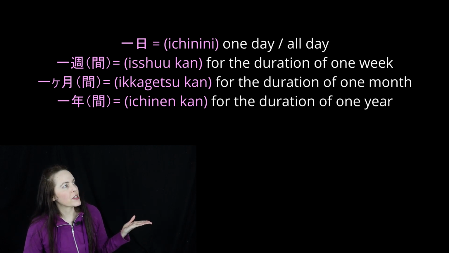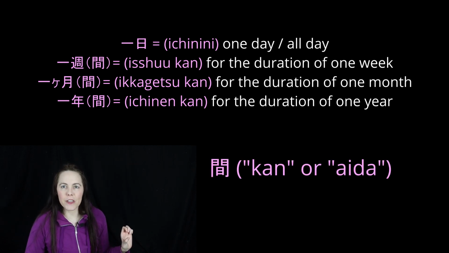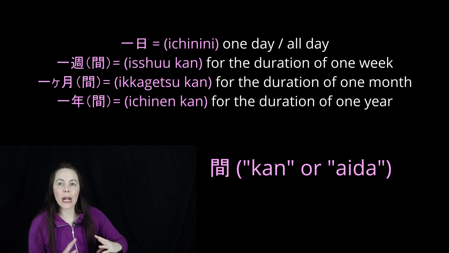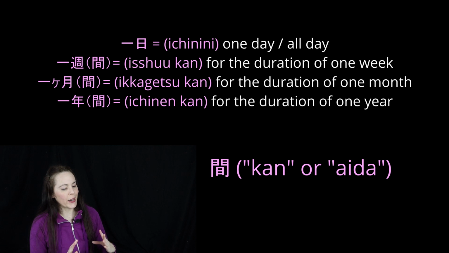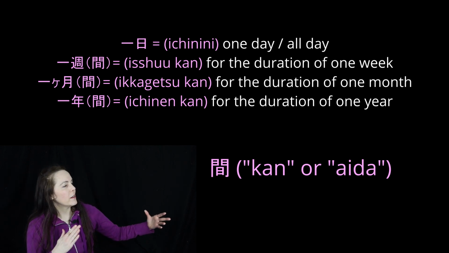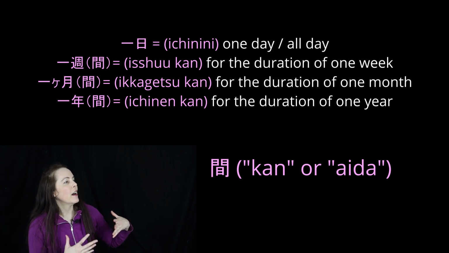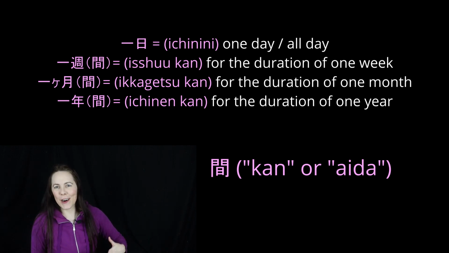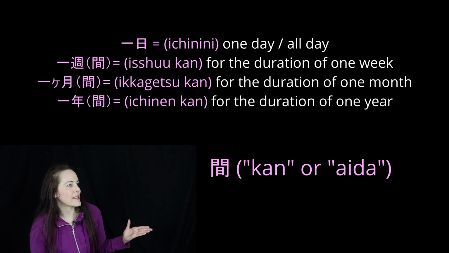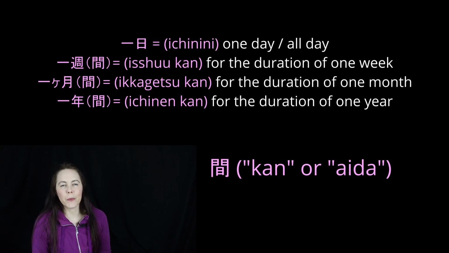And then you may also notice that I have in parentheses after these periods of time, kan, that is the kanji for aida or kan, which is like during or in between. So it's sort of like during the period of a day, during the period of a week, during the period of a year, but you don't always need the kan colloquially when you're speaking.